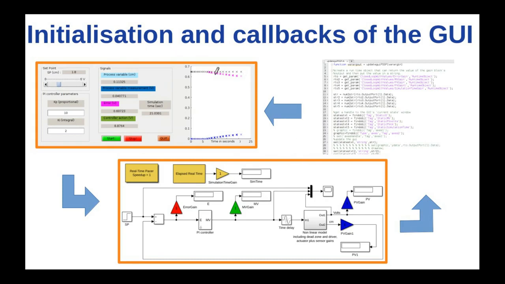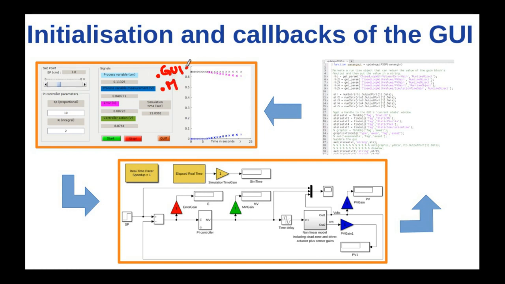Then what about the initialization and callbacks of the graphical user interface? Well, first of all, we must check the relationship between the graphical user interface and its two files, the .fig file and the .m file.